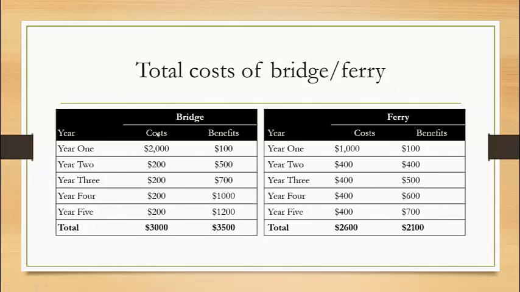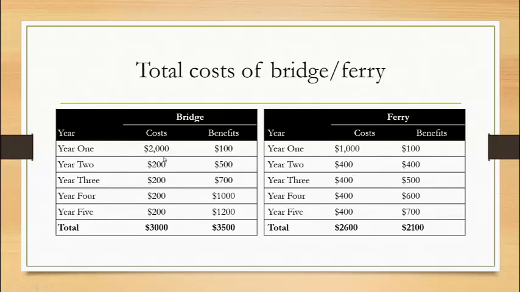But let's pretend like the cost of building a bridge at first is quite expensive, right? So the cost is $2,000 and there is not a lot of benefit in that first year. But remember that we need to be able to account for the fact that things have different values over time. And so we're not just going to look at year one. We're going to look at a 5-year time span.